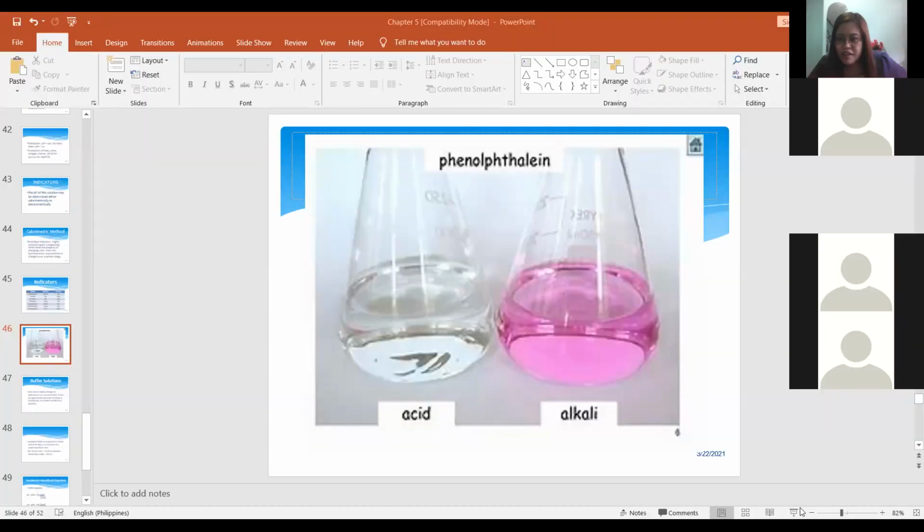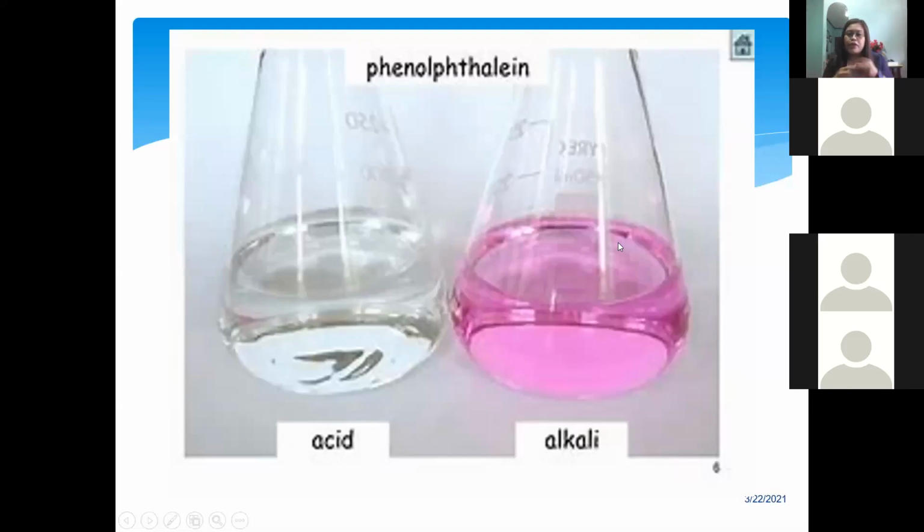This is an example of an indicator used in the lab. For example, if we have no pH tester, no other means of knowing whether our solution is acidic, basic, or neutral, then we will use indicators like phenolphthalein. Here, phenolphthalein is added to an acidic solution. Take note, it is colorless. For example, this is vinegar.